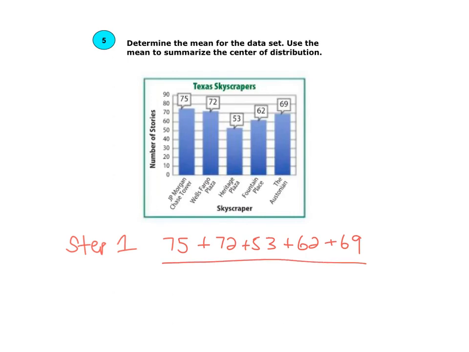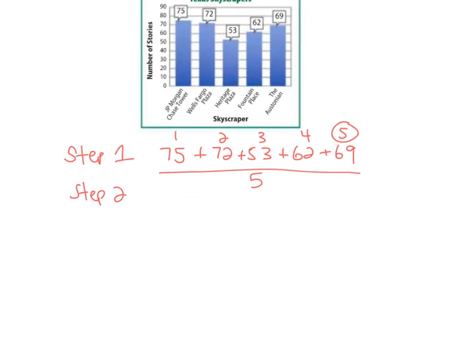And then step 2, we need to divide by the number of data items. So again, I have 1, 2, 3, 4, 5. I have 5 data items in this case. Okay, step 3. If I sum up the stories in each of the Texas skyscrapers, I'm going to get a total of 331. Remember, I'm dividing that by 5.